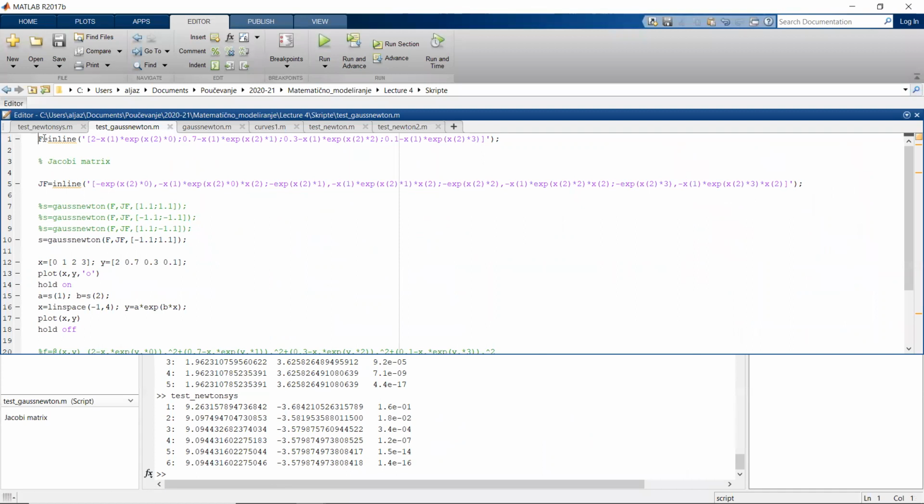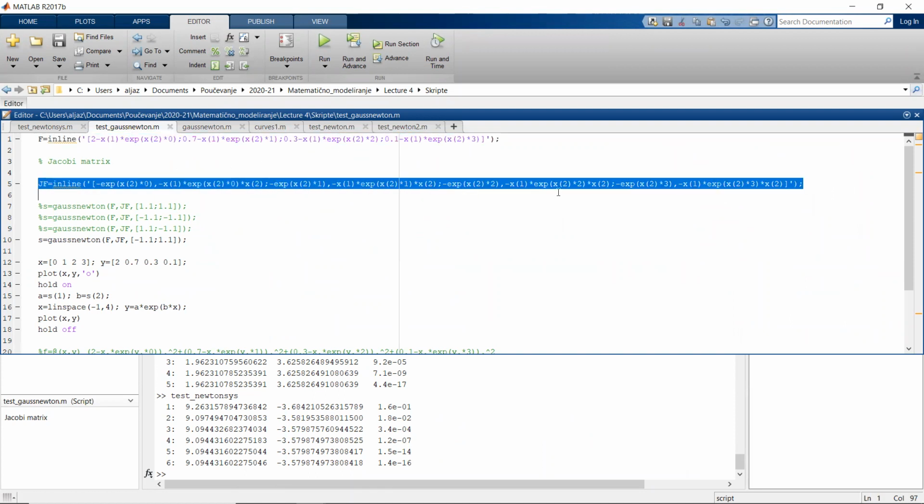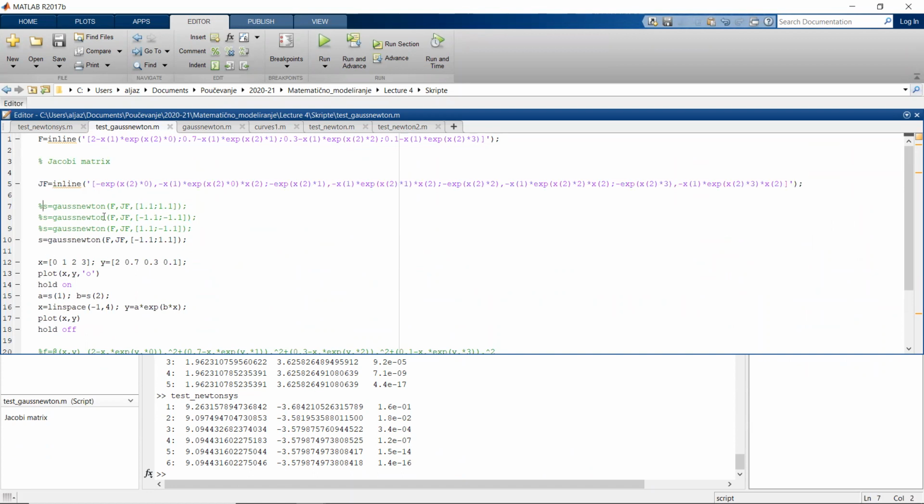So this is this function G in my notes. And then this is the Jacobian, which we've just computed. And let's run our method with this approximate 1.1, 1.1. So I'm running the Gauss-Newton method with this approximation.